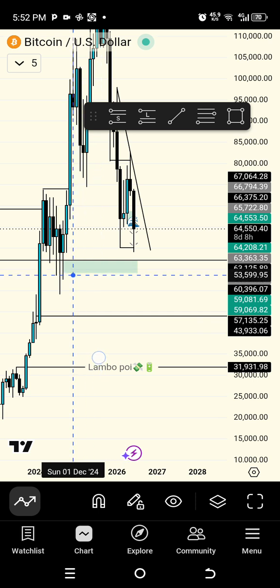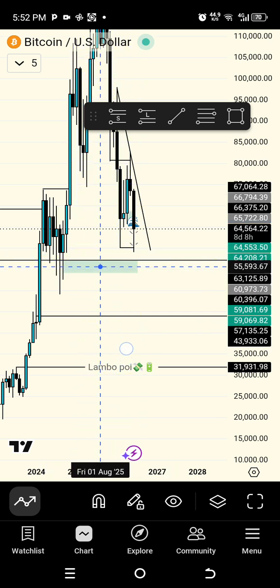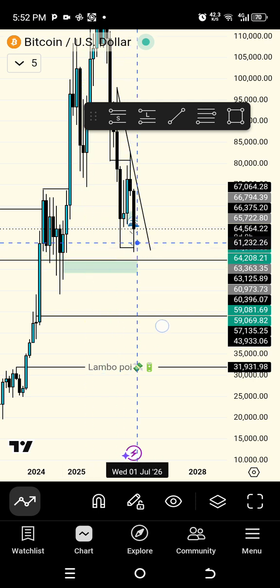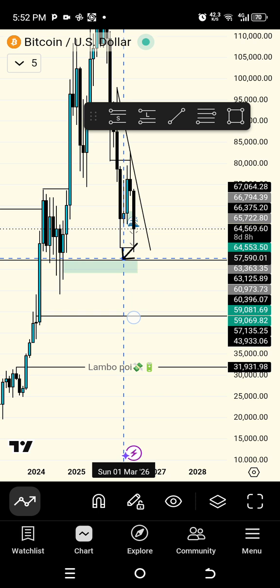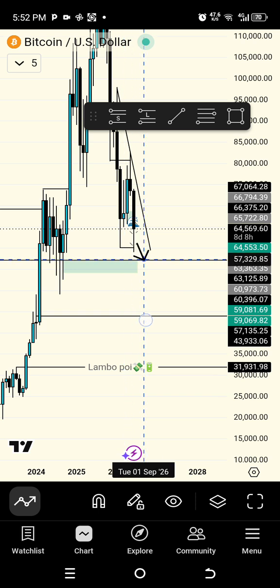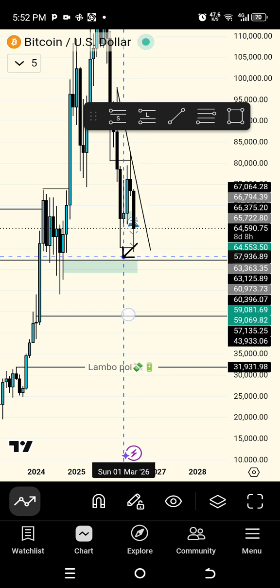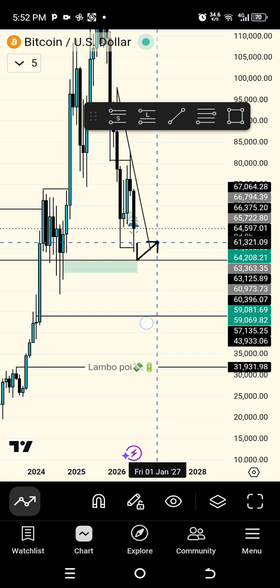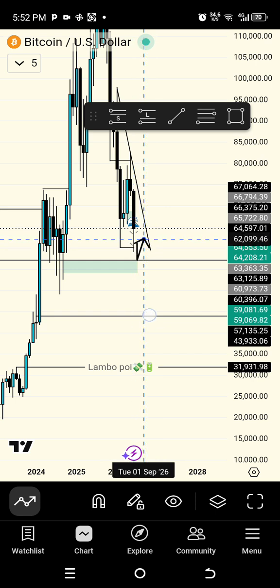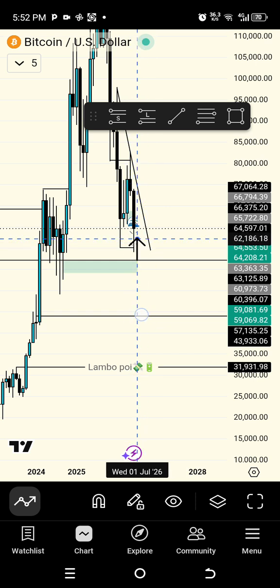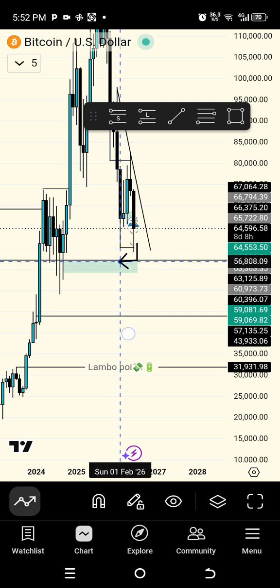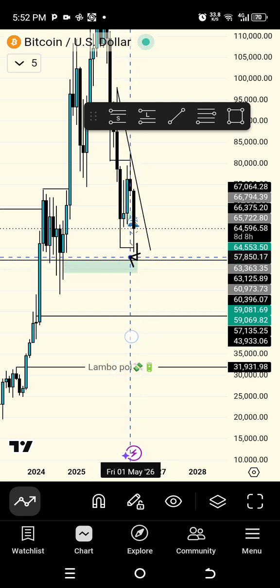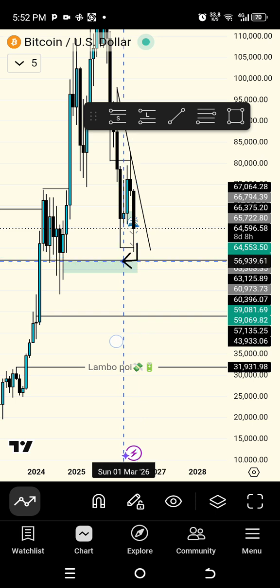First of all, I must see an entry model. When price gets to this point, I will look for my entry model in the 15 minute or 5 minute time frame. You understand? To buy, to clear the nearest liquidity in that time frame. It's not the main trade because I'm not following the bias.